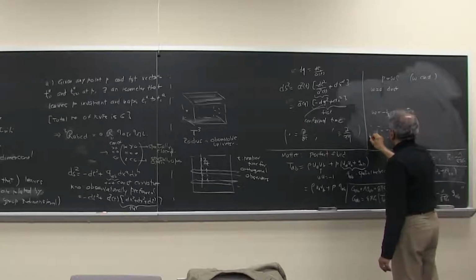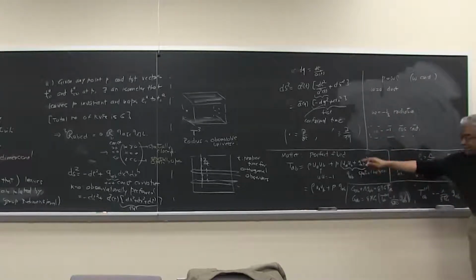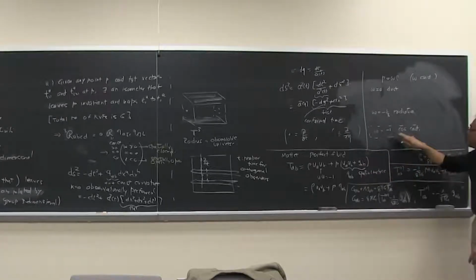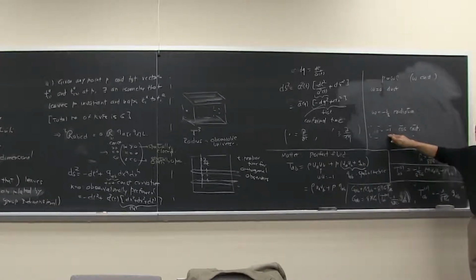I put it in a box for two reasons. One is that this really was a term on the left-hand side, and we're just taking it to the right-hand side and interpreting it as energy density and pressure. But more importantly, various formulae I'm going to write down actually break down for omega equal to minus 1. So you have to treat omega equal to minus 1 separately.